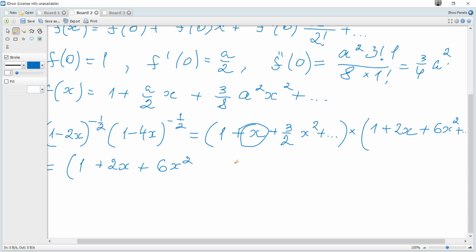And for this x, when x is multiplied by 1 it's x, times 2x is plus 2x squared, and that's all for x. And for 3 over 2 x squared, when this is multiplied by 1, plus higher powers of x.